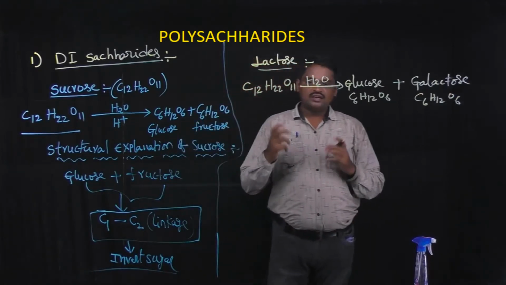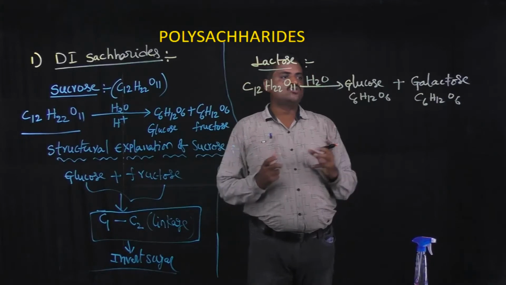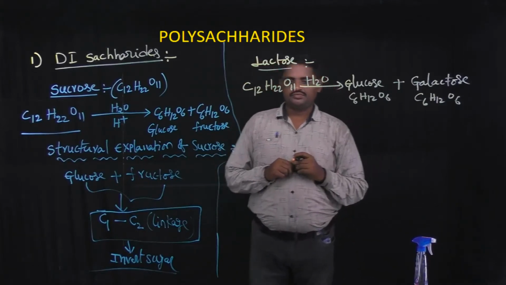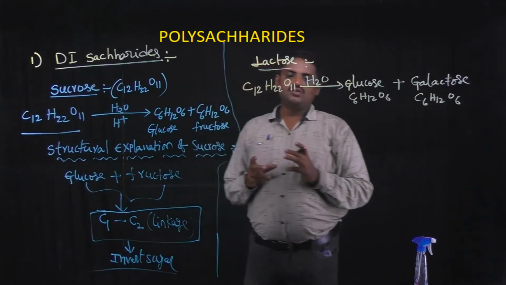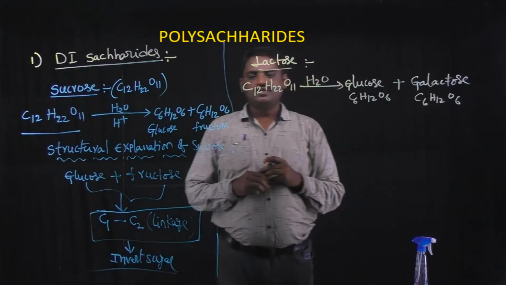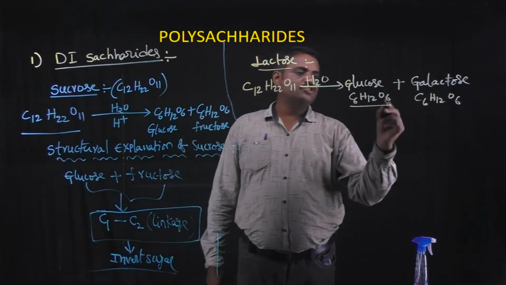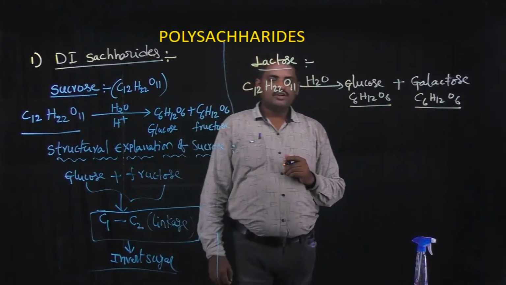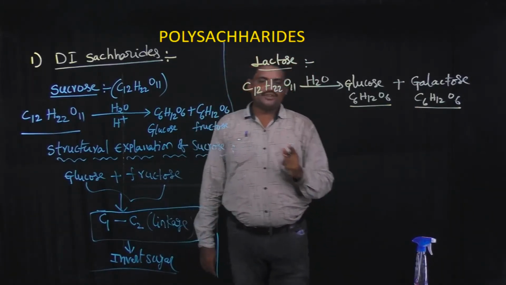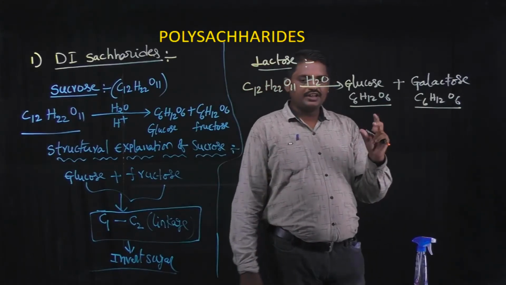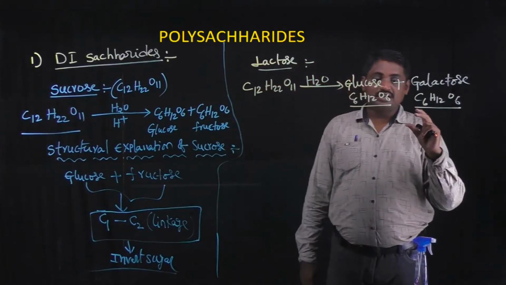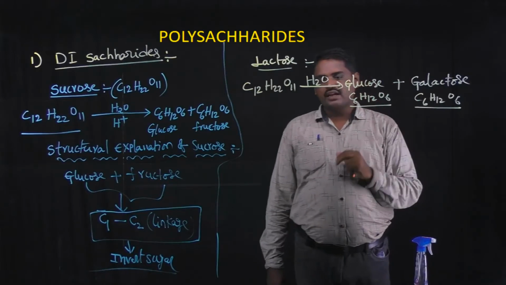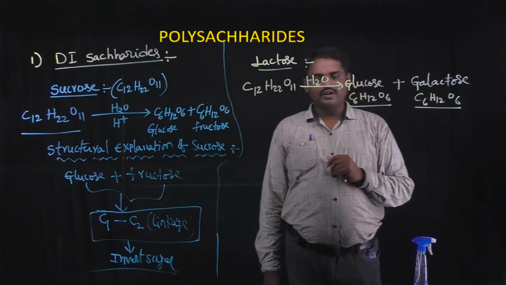What is the difference between glucose and galactose? Both molecules have the same formula, C6H12O6. But the only difference is the configuration. The C5 configuration is different.